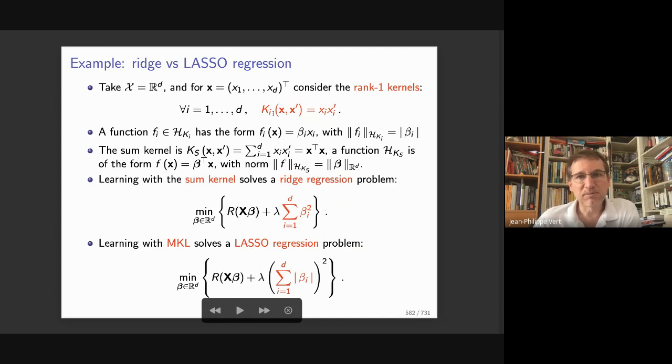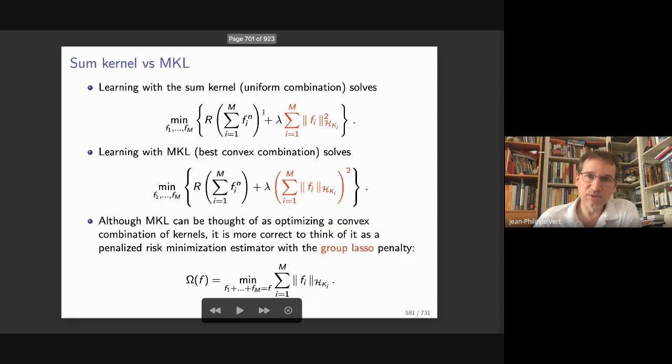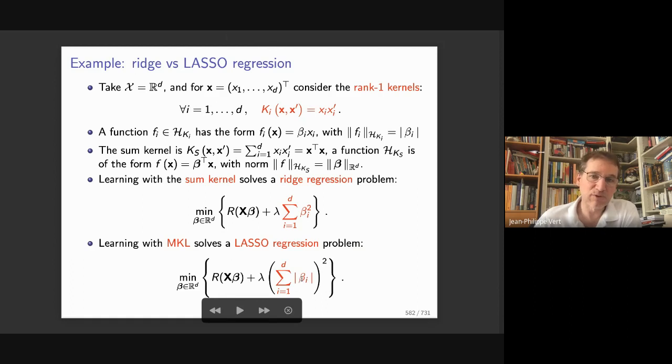But if you do multiple kernel learning over these kernels, then the second term becomes the sum of the Fi norm without square. And so in that case, the norm of Fi would be the weight of the model. So you obtain lasso regression. Right?